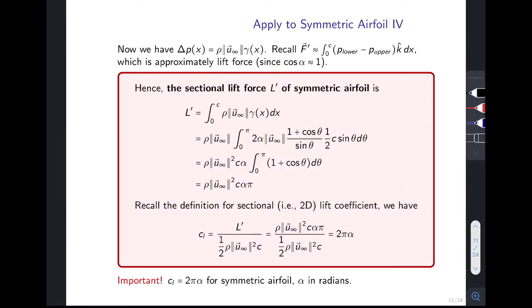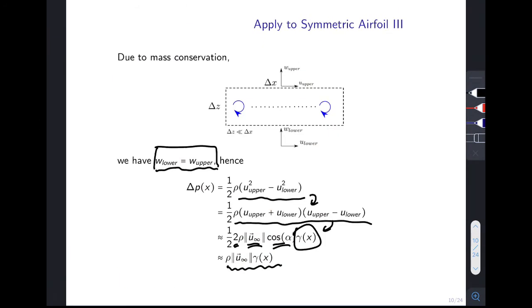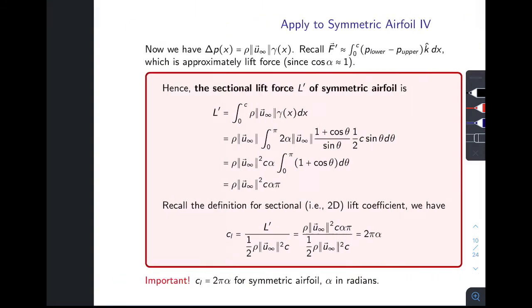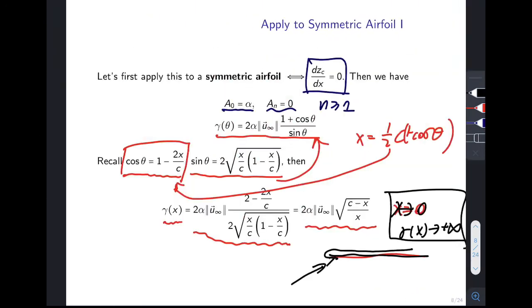Okay, good. So once you have this, still remember we're applying this to a symmetric airfoil, we can compute the sectional lift force. The way we're going to compute this is we're just going to plug in the gamma x relation, because what we derived here is that the pressure difference comes from the gamma x. We know the gamma x as a function of x from here.